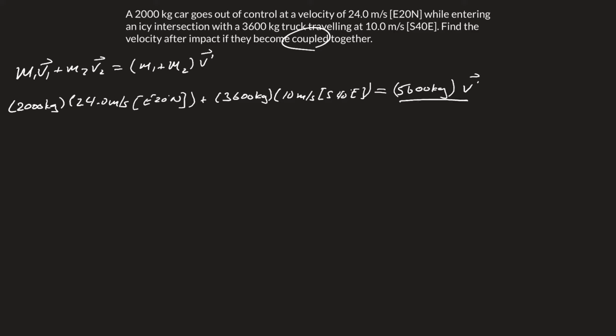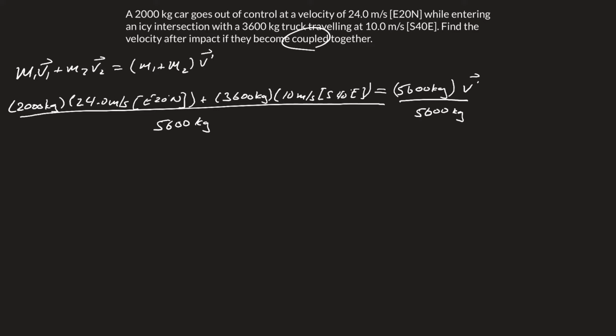However, if I divide both sides by 5,600 kilograms, and recall that the direction of the momentum is the same as the direction of the velocity, I can just multiply mass times velocity to find momentum, and then get an answer where the direction is the same.